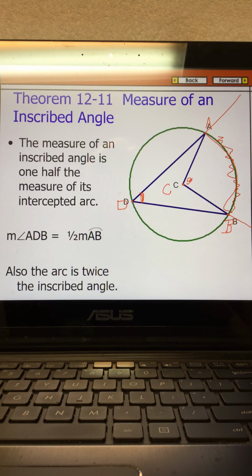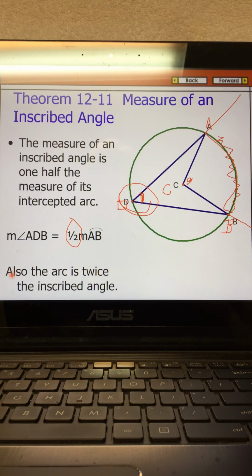There's the arc. And the measure of this angle back here is going to be half of what this arc is. So for example, if this arc was measuring 120 from here to here, then this angle would only measure 60.